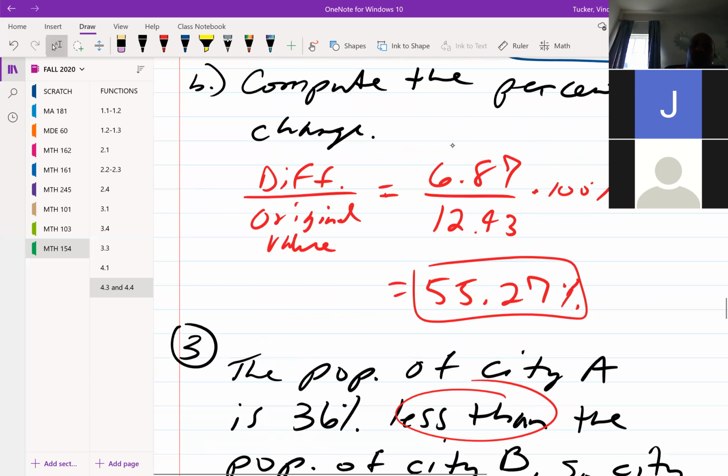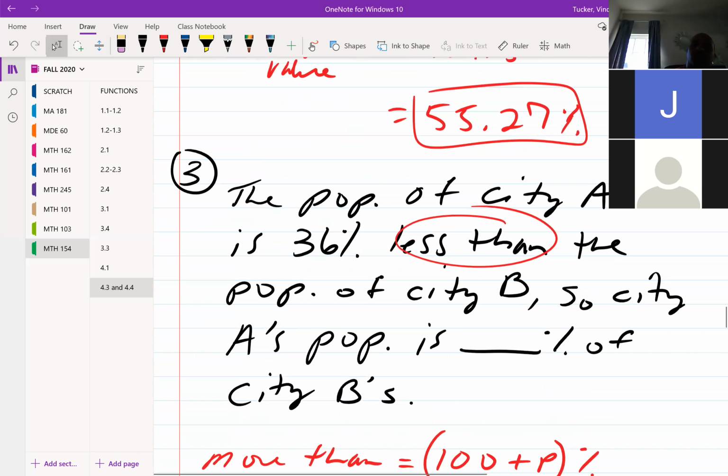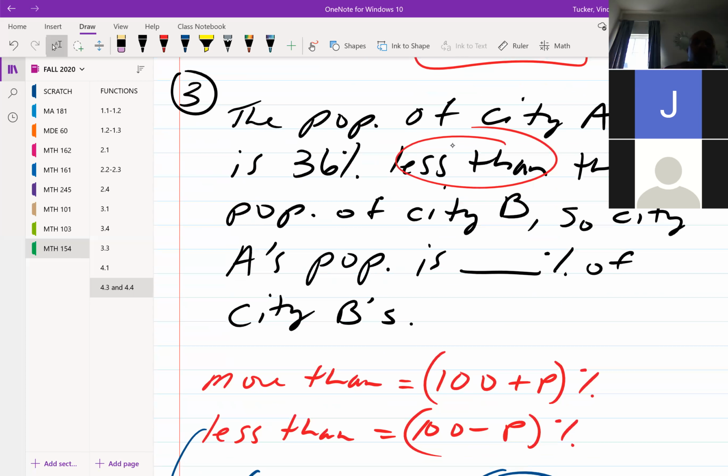All right. So let's look at 3. The population of city A is 36% less than the population of city B. So city A's population is blank percent of city B's.